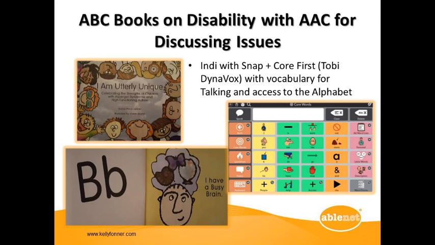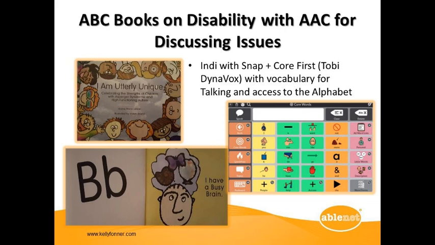I've also found some alphabet books that are specific to different disability groups, which has been very interesting. And this one that comes from the Asperger's Association talks, each letter of the alphabet talks about a different attribute for children. And it becomes another jumping off point for different discussions.